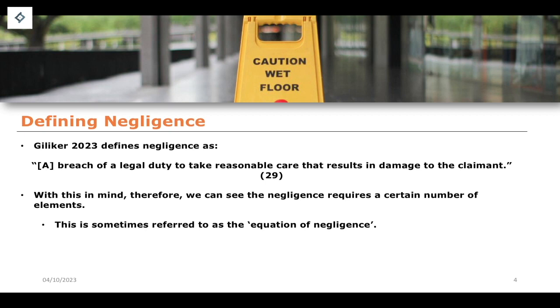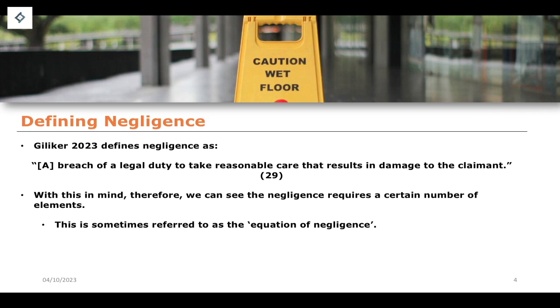There was a duty to take reasonable care in a particular circumstance owing to the facts of a particular case. The next part of the equation is the breach of that duty of care. So not only do you have to identify that there was a duty of care, but that that duty of care was breached. And then we move on to the third of those major requirements.